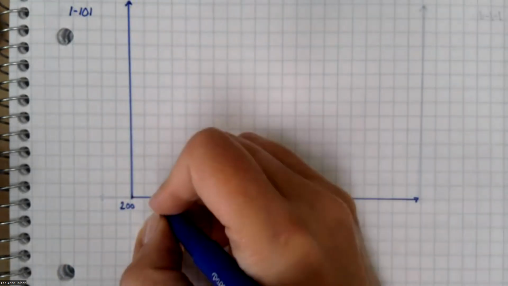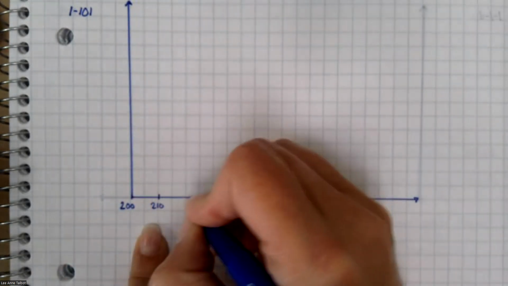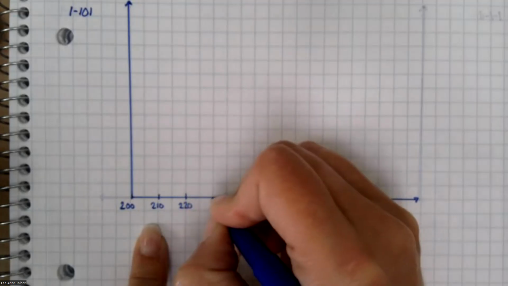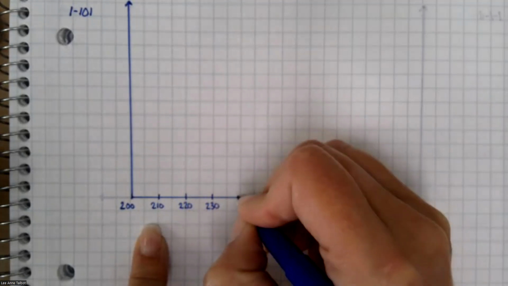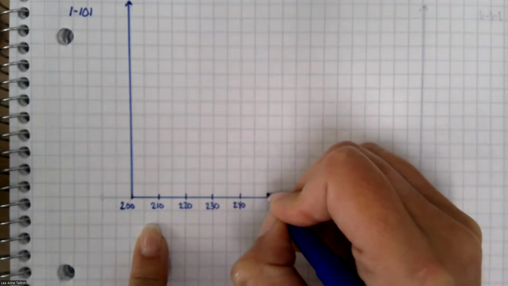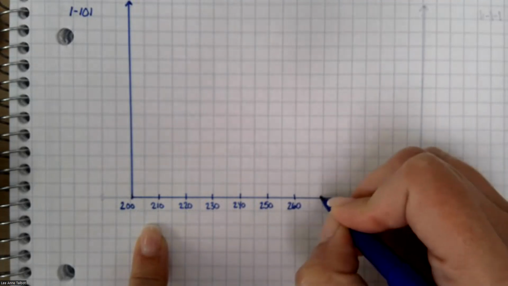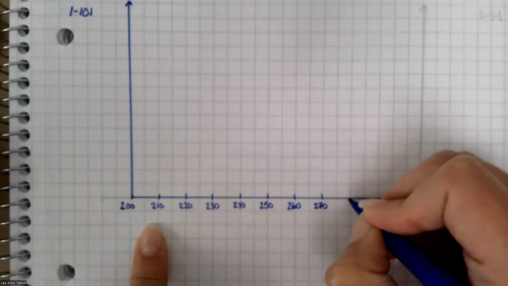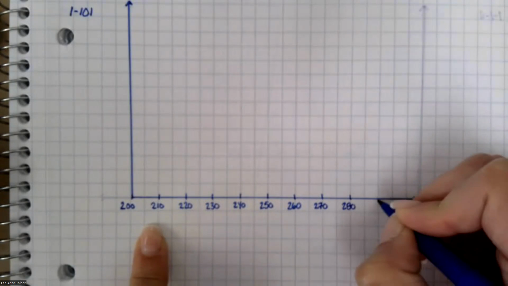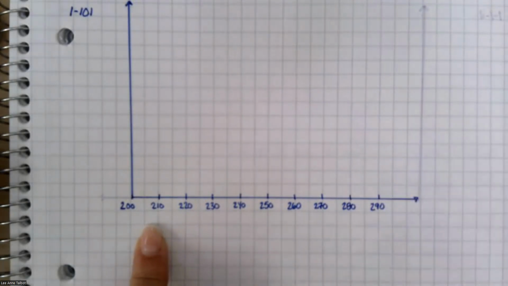So we're going to go 210, 220, 230, 240, 250, 260, 270, 280, 290.